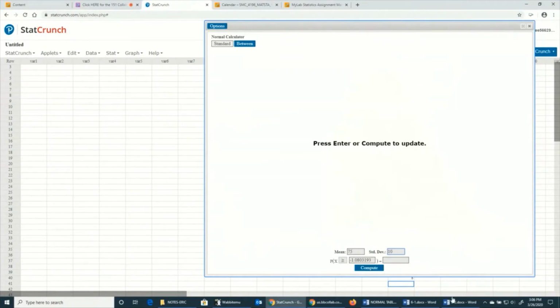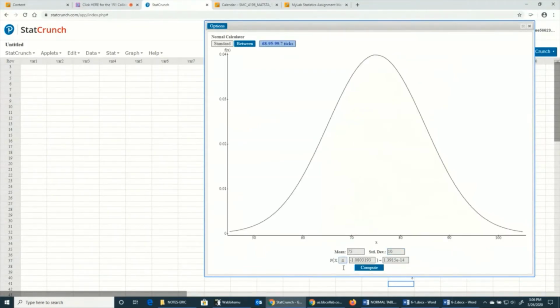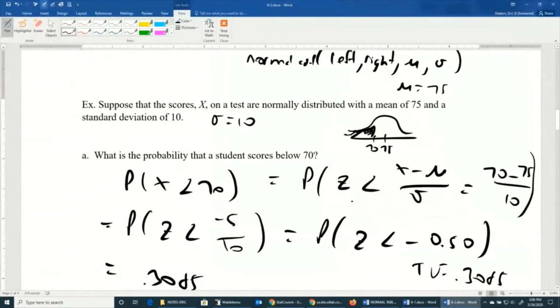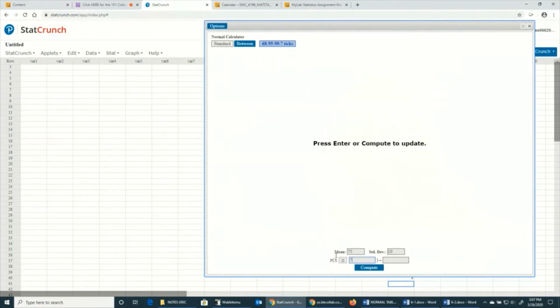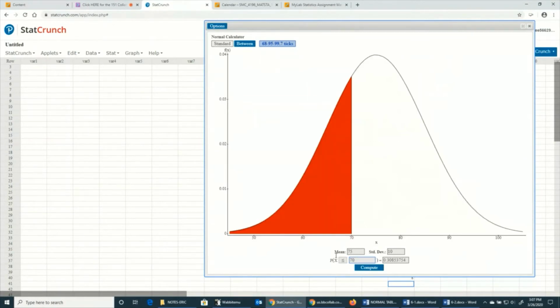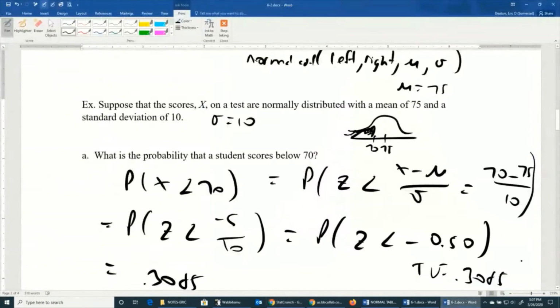It's a less than 70. Let's just highlight all that and type in a 70. Enter. You see, 0.3085.